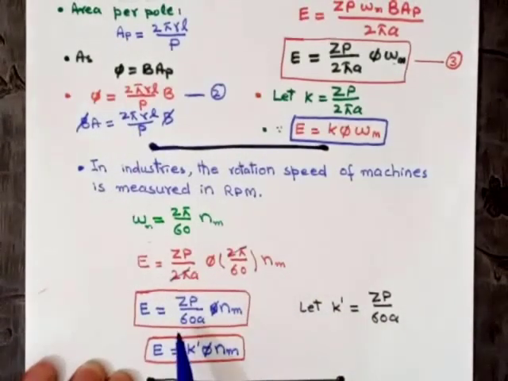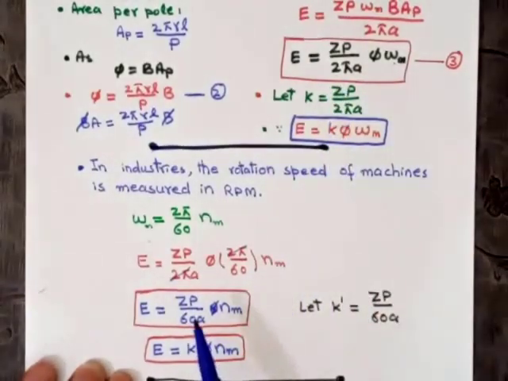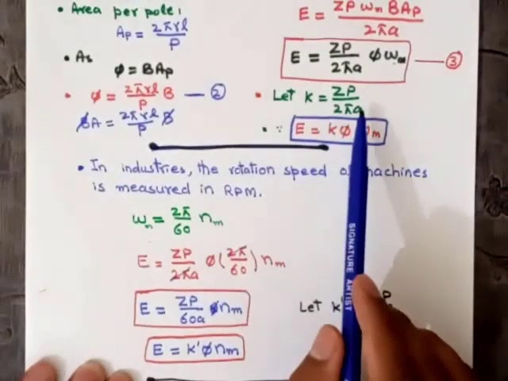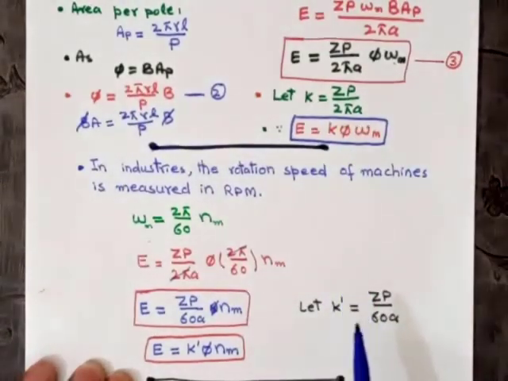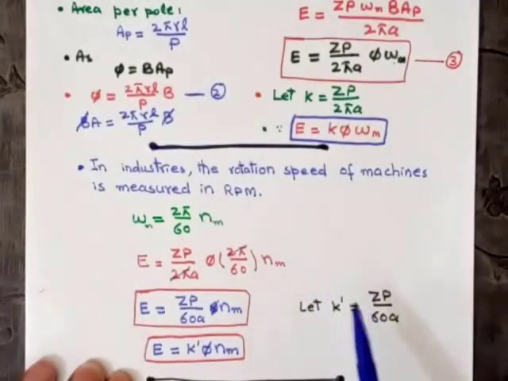Now the constant factor is changed a little bit as compared to this. Now the constant factor is ZP over 60A. Let K dash be equal to ZP over 60A, as K is equal to ZP over 2 pi A. So that's why we change the sign of K, because the constant factor is changed here.